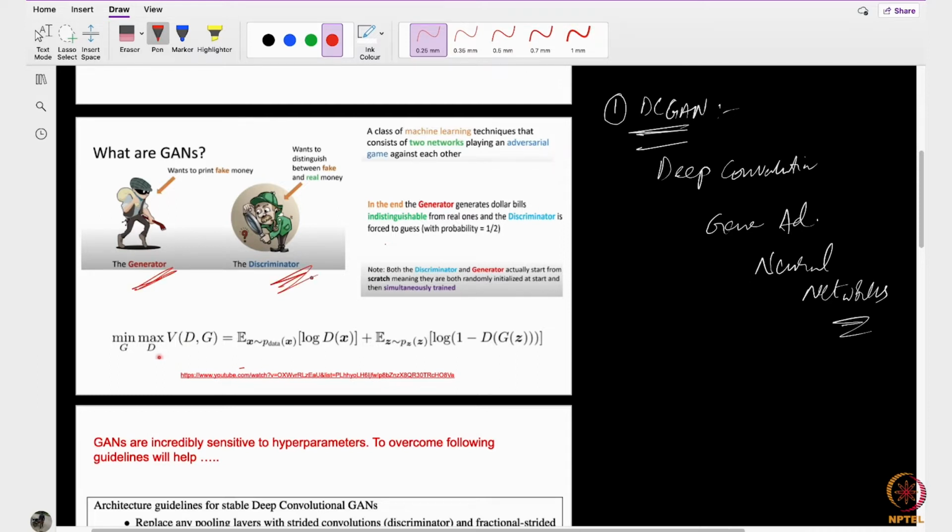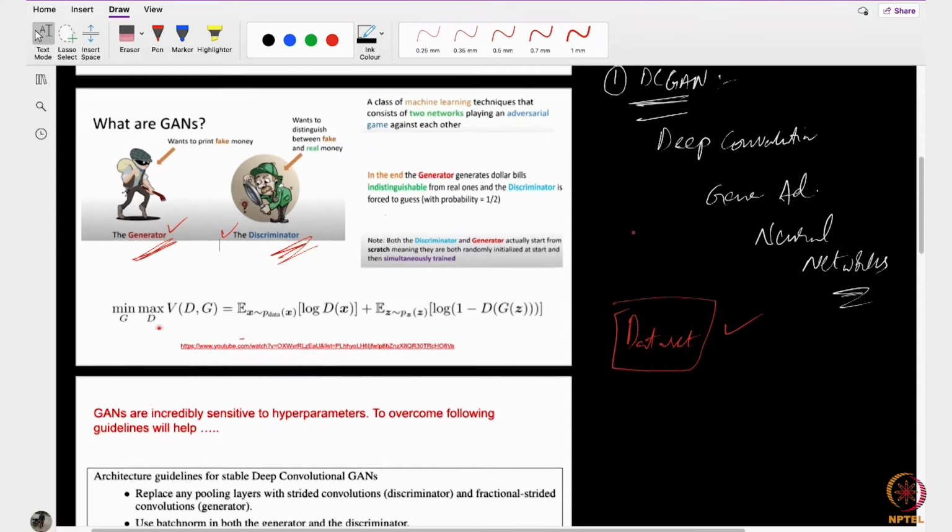First one is the generator and the second one is the discriminator. Usually in many machine learning or deep learning problems, we will be given some data set. Let us take such a case and discuss the importance of generator and discriminator in GANs.